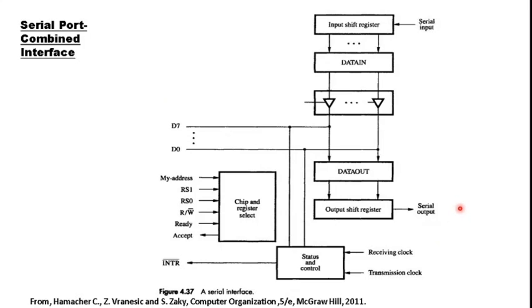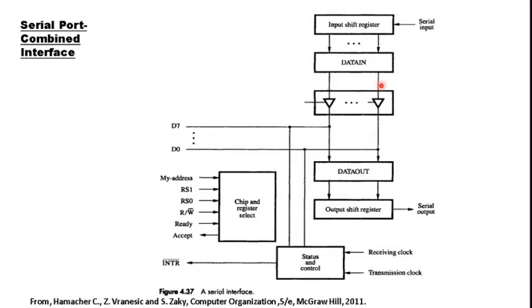And when the device requires something in serial format, the interface will read it from the CPU or the master in parallel format, and it will convert it into serial format and supply it to the device. So shift registers are the first critical components required for a serial interface, and the rest of the things are common across all interfaces.